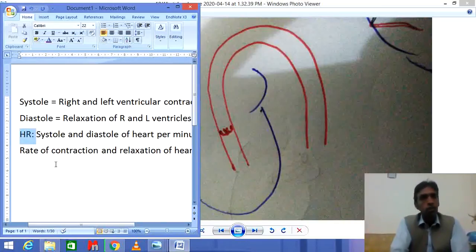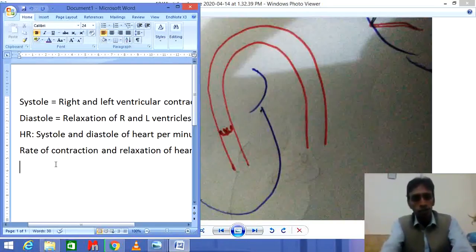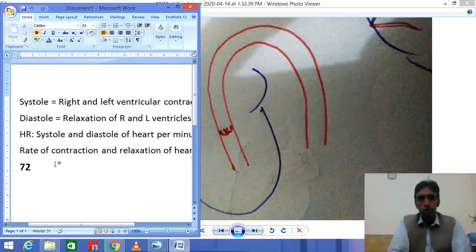Generally we measure the heart rate in one minute, and it is generally considered as 72 beats per minute, or 72 contractions and relaxations per minute.